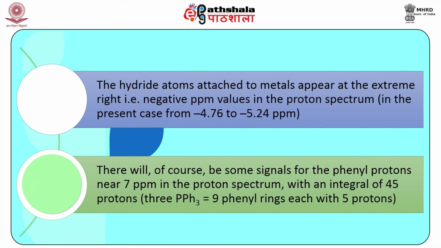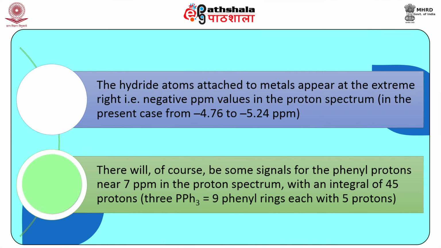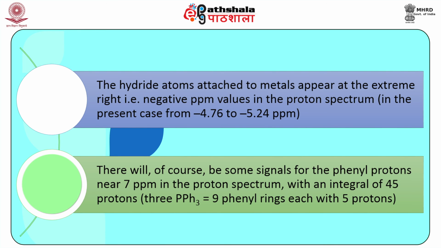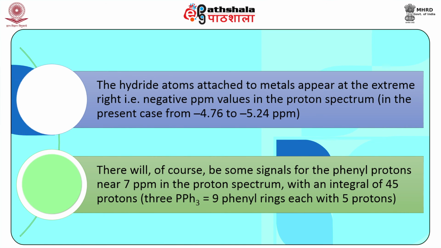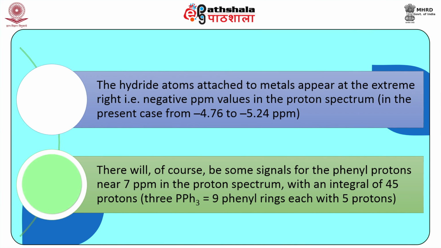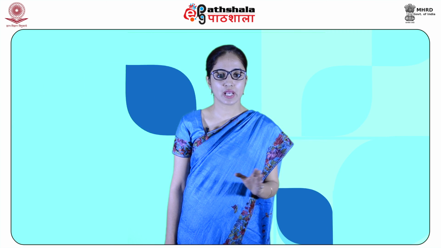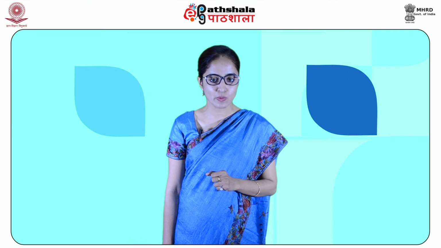There will of course be some signals for the phenyl protons near 7 ppm in the proton spectrum with an integral value of 45 protons. 3 triphenyl phosphines is equal to 9 phenyl rings, each with 5 protons. Now you can see when 31 phosphorus is attached to hydrogen atoms, how in the hydrogen spectrum the values of delta are going to change, and this I have told you in the important note.